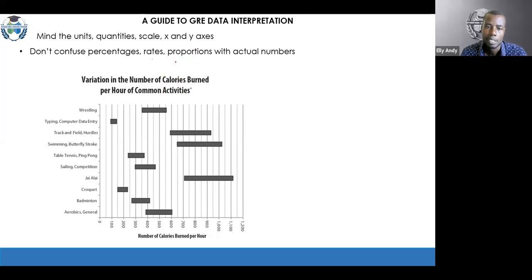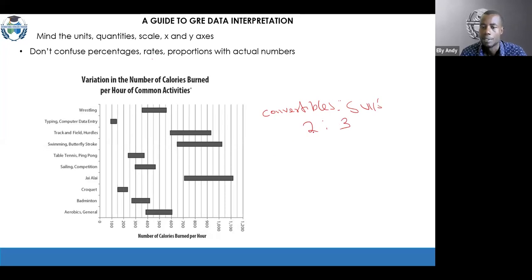And knowing the percentage, the rate, or the proportion of something does not mean that you know the actual numbers. Consider a car yard, for example, that sells different makes of vehicles, and you are given that the ratio of convertibles to SUVs is 2 to 3.